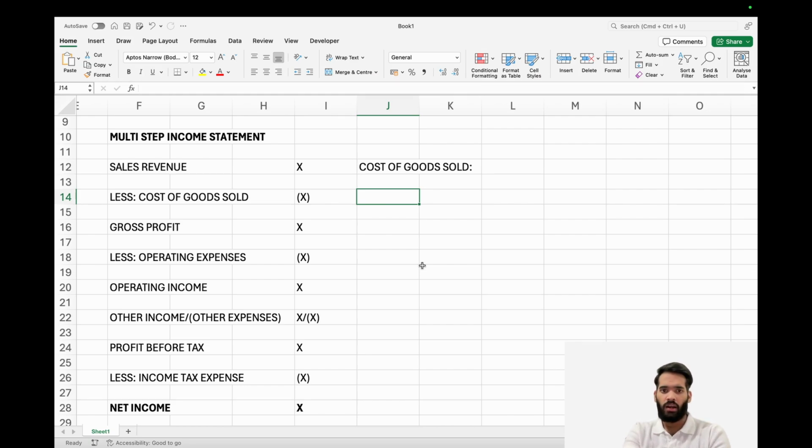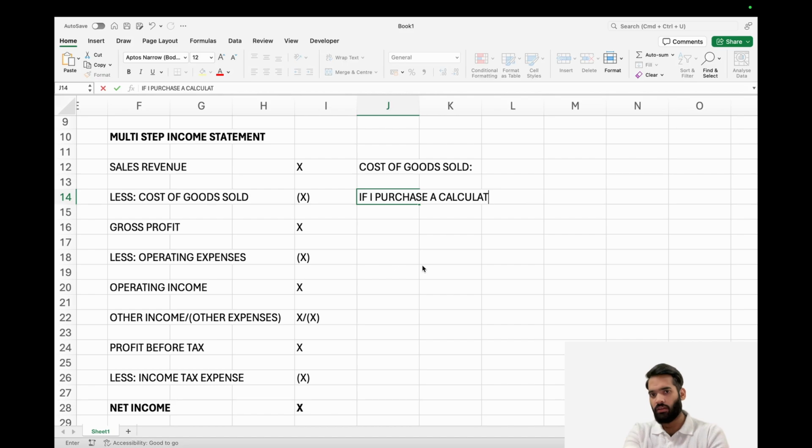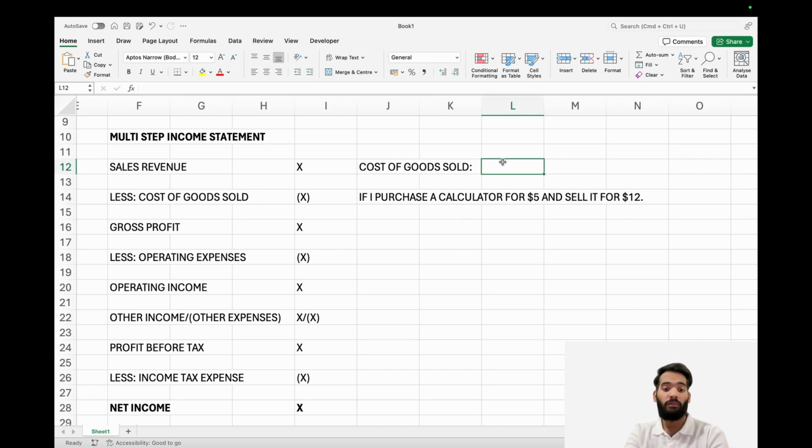If I purchase a calculator from a supplier for $5 and sell it for $12, this means my cost of goods sold will be $5, because to have the product that I just sold, I originally paid $5. That's what cost of goods sold means. It's how much you originally paid for the item you're selling now.